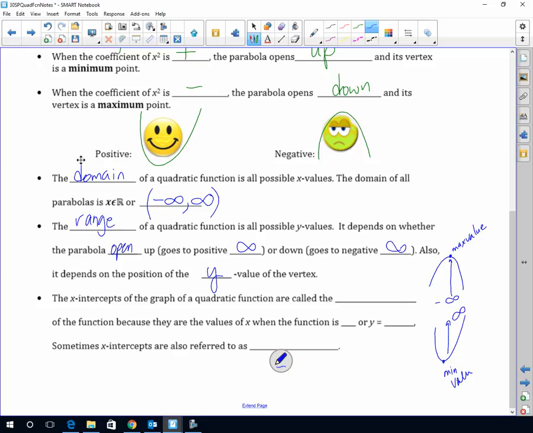The x-intercepts of a graph of a quadratic function are called the... I don't know if you know what this term is right now. Is called the roots.